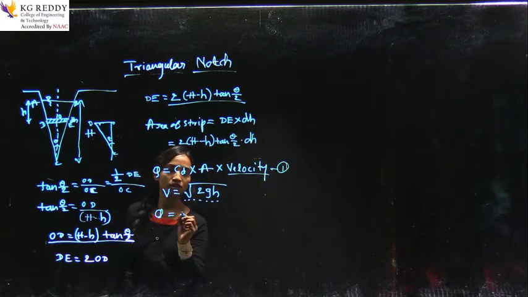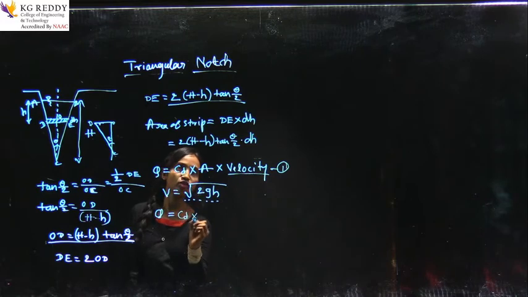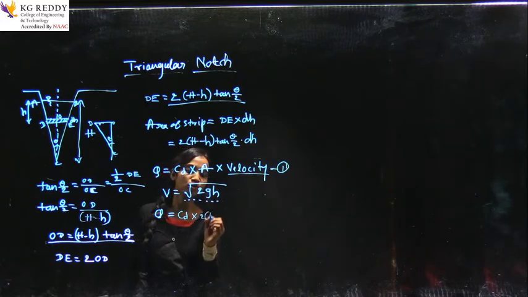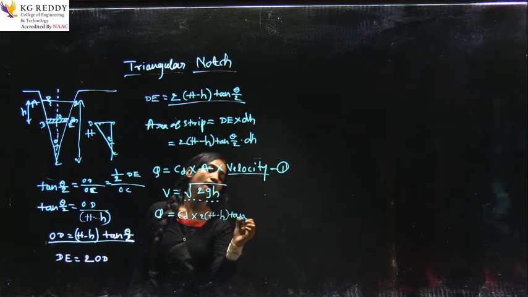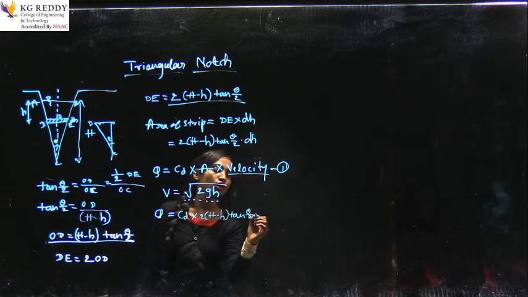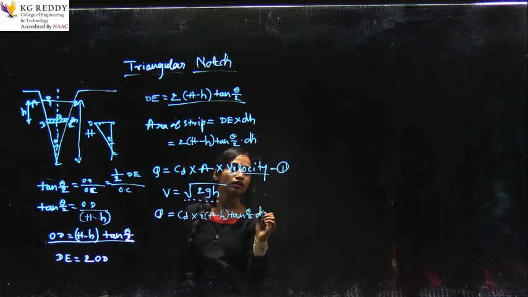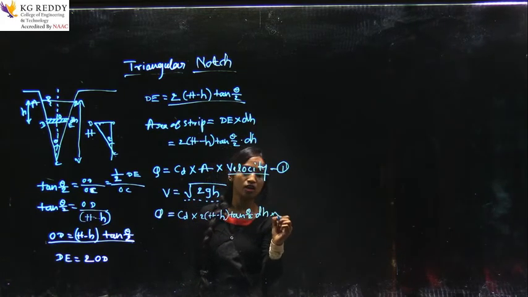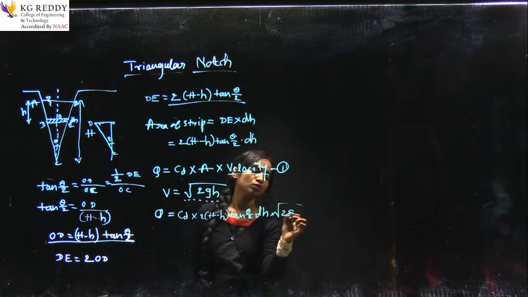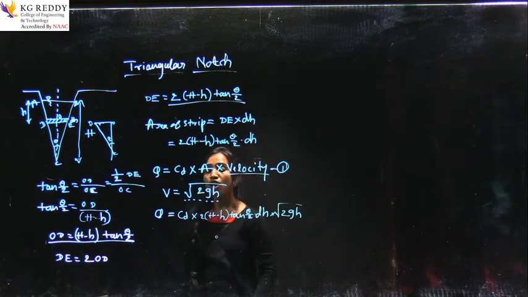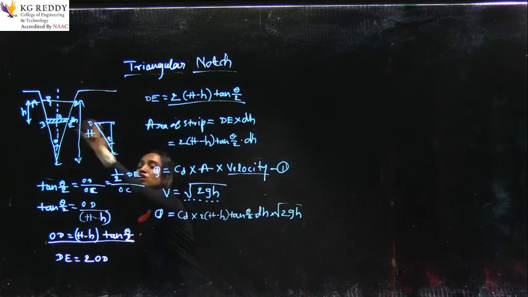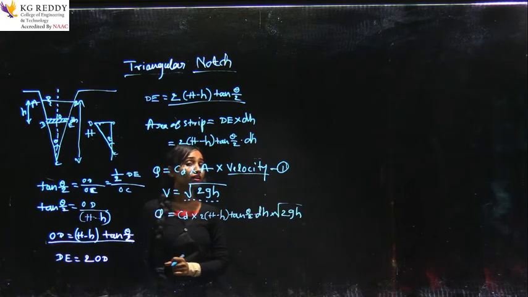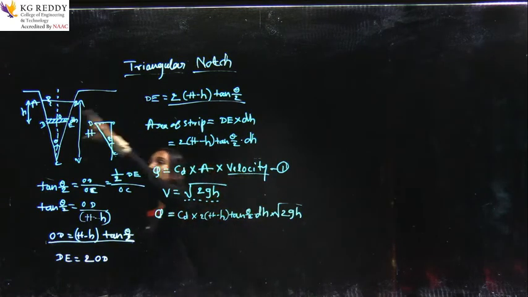So Q, the discharge, is Cd into the area of the strip, 2 into capital H minus small h into tan theta by 2 into dh, and the velocity is square root of 2gh. This is for the small strip. But what we want here is the discharge through the whole notch.